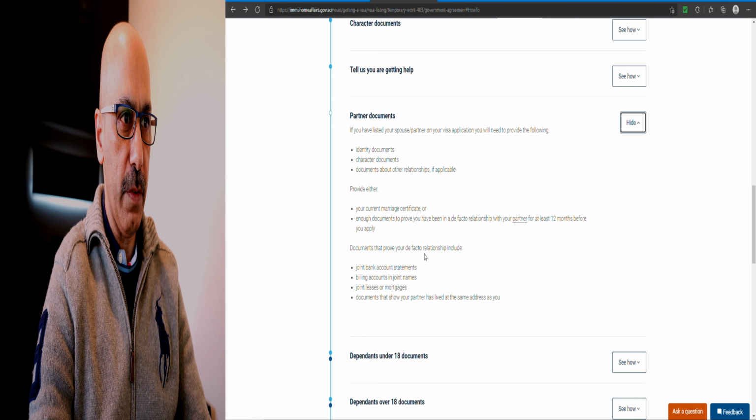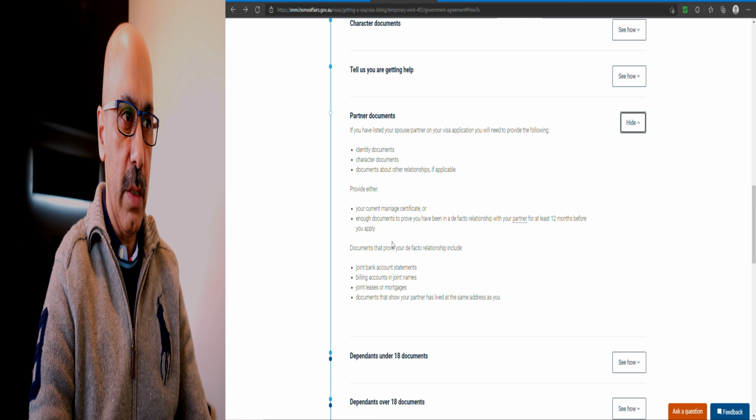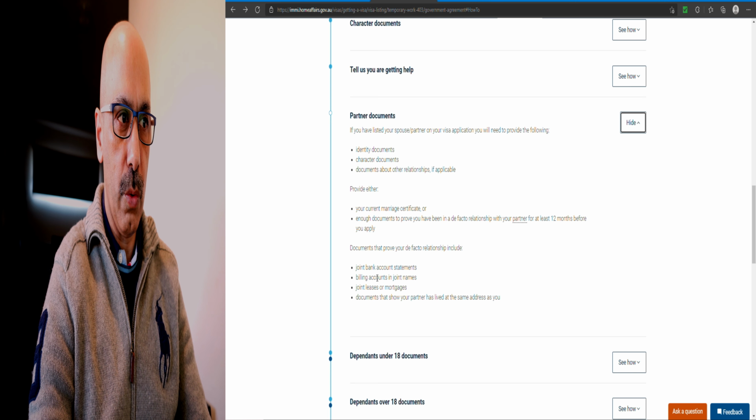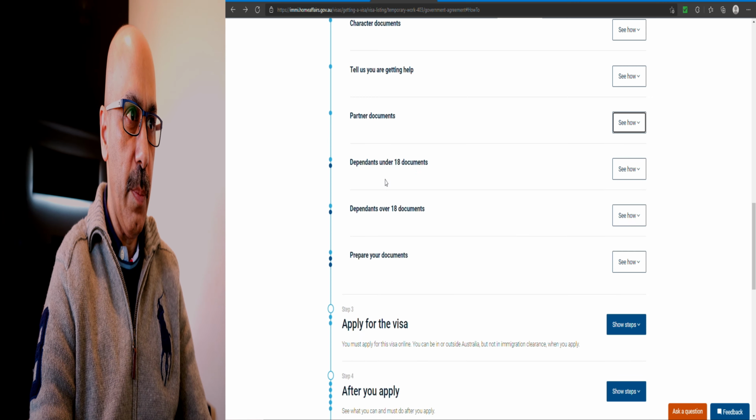Documents that prove your de facto relationship include joint bank statement, billing account on your joint names, joint lease or mortgages, documents that show your partner has lived at the same address as you. So these are some proofs you need to show to prove your relationship with your partner.